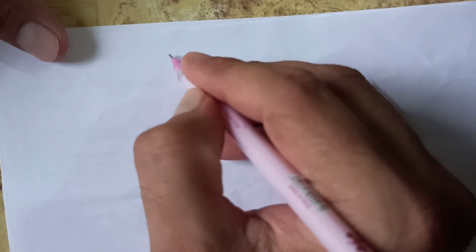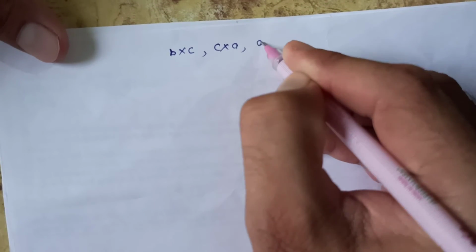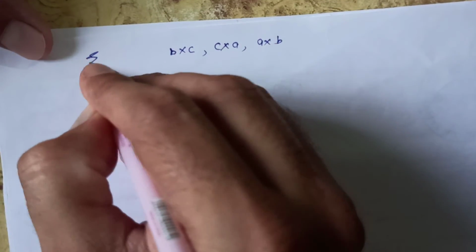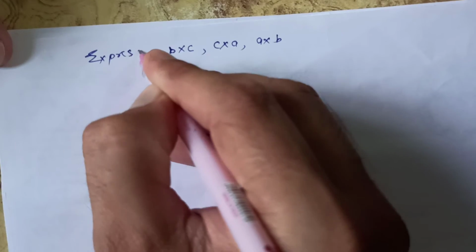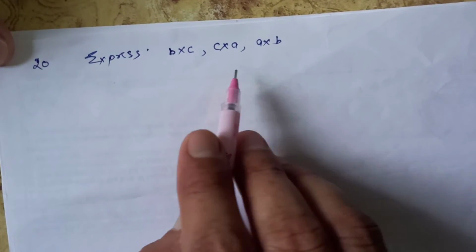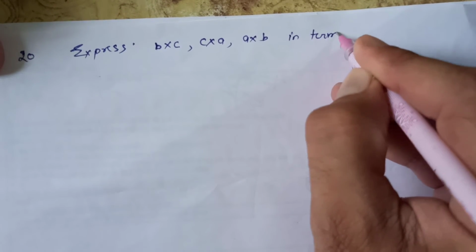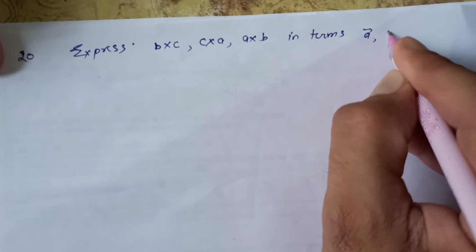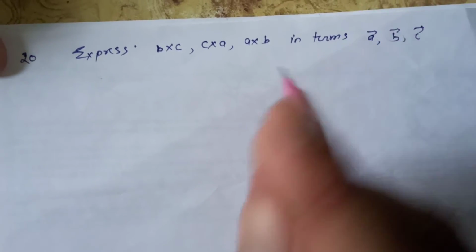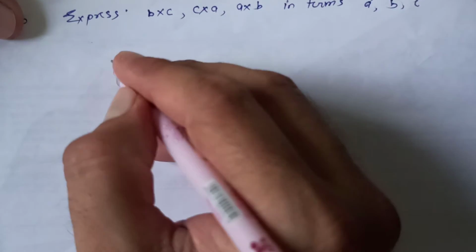Next sum is, express the vectors B cross C, C cross A and A cross B in terms of vectors A, B and C. We are to express these three vectors in terms of these three vectors.